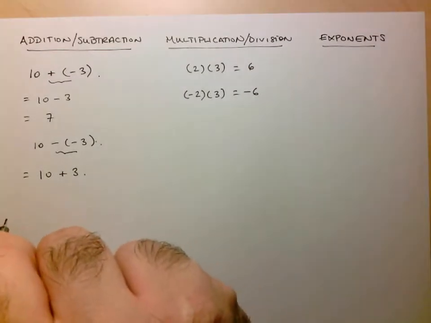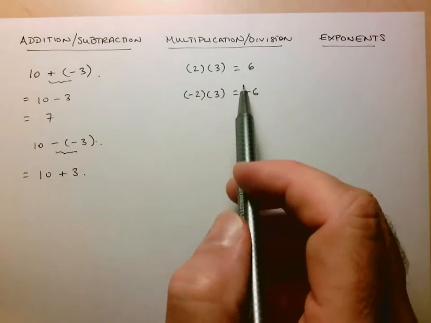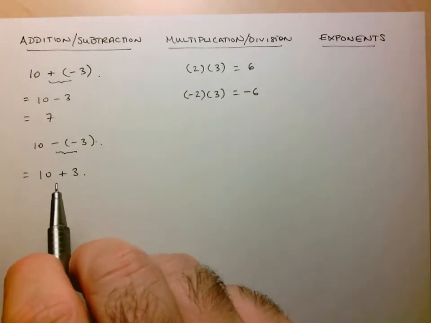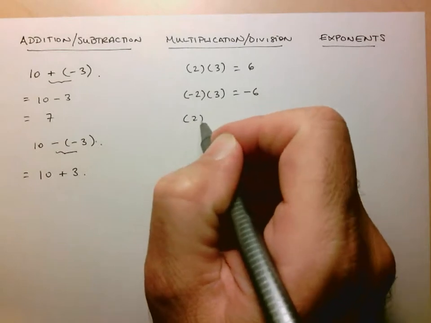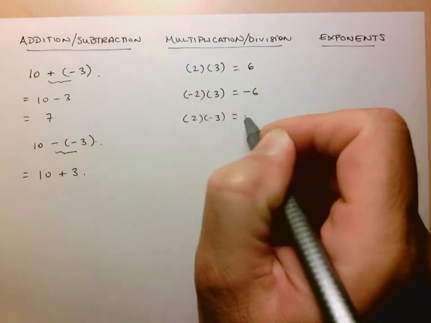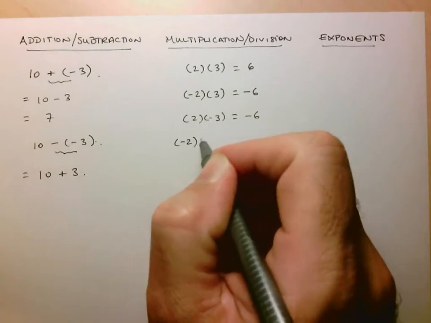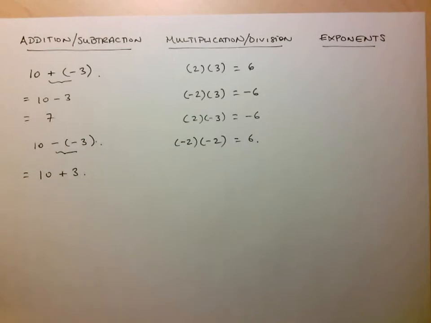The difference here is you can know the sign of the final answer just by looking at the two numbers being multiplied or divided. So here, positive 2 times negative 3 again gives me a negative number, whereas if I multiply two negative numbers, the result is a positive number.